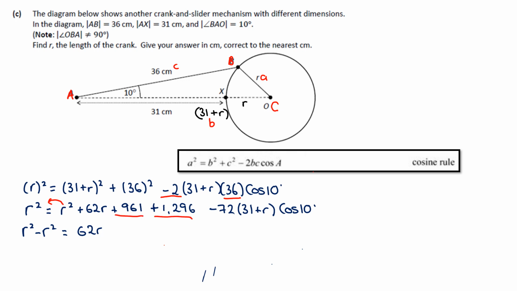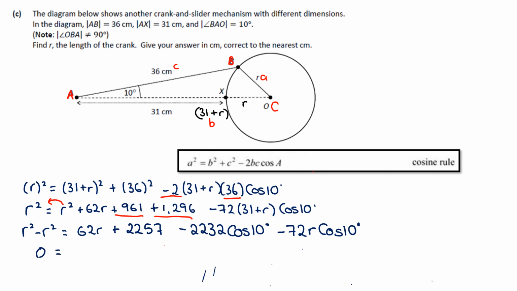So 961 plus 1296, and we get plus 2257. Bit of multiplication, 72 by 31 is minus 2232 cos of 10 degrees, minus 72 OR cos of 10 degrees. So we end up with a 0 here.